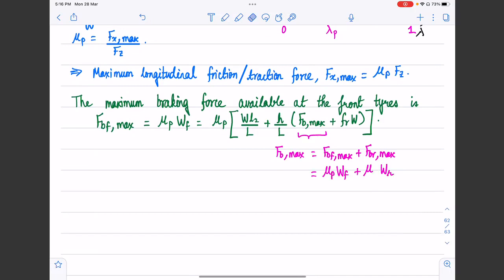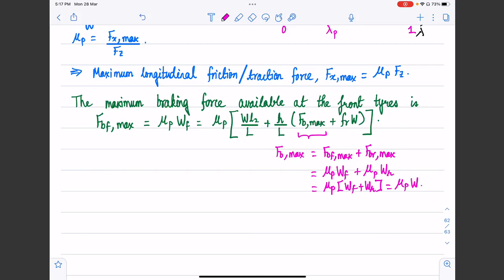I'm sure these expressions are clear. So this will give us mu p times WF plus WR, and that's going to be equal to mu p times W. I hope it is clear how we got mu p times W as the formula for FB max. So that is the maximum braking force available on a surface with a peak friction coefficient of mu p and a vehicle weighing W. So that's how we should interpret this formula.